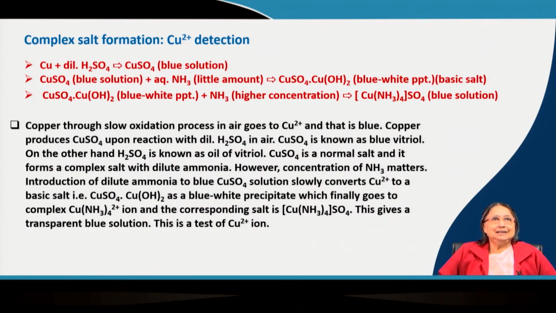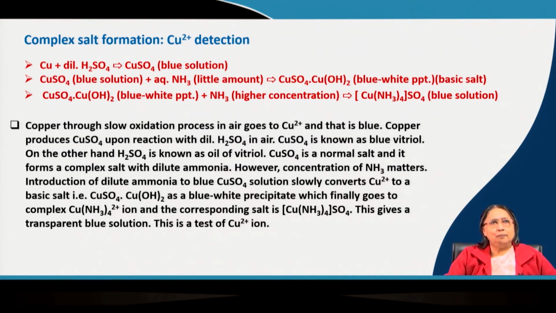The first one is the copper detection. You know that almost all metals are white in color, but copper you see is brownish in color, and gold you see is yellow in color.